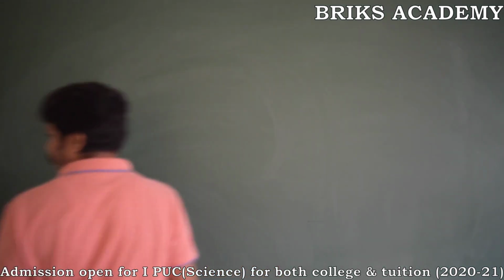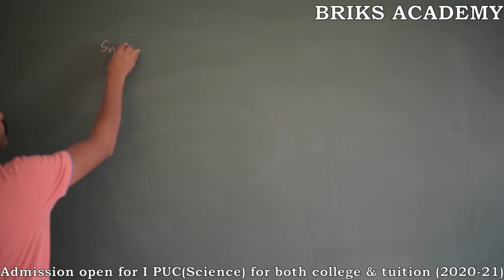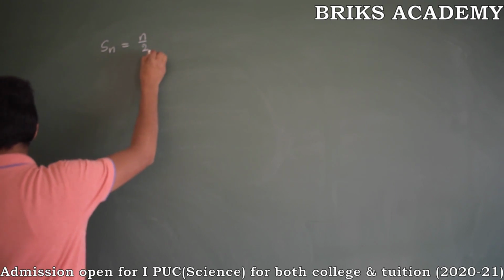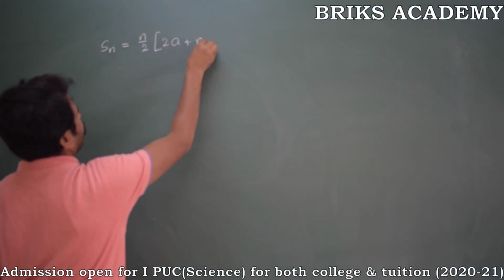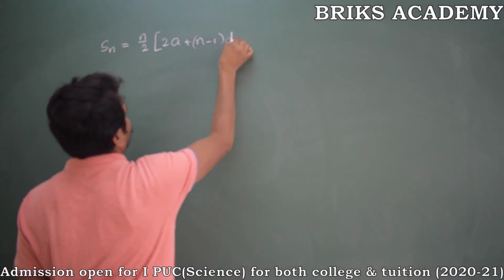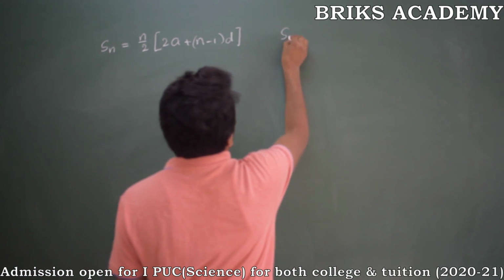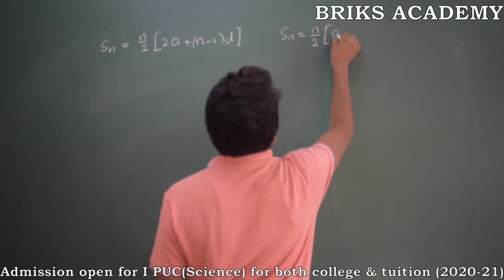2 formulas I am going to write. First one is sum of n terms is equal to n by 2 into 2a plus n minus 1 into d. This is one formula. Another formula is Sn is equal to n by 2 into a plus l.